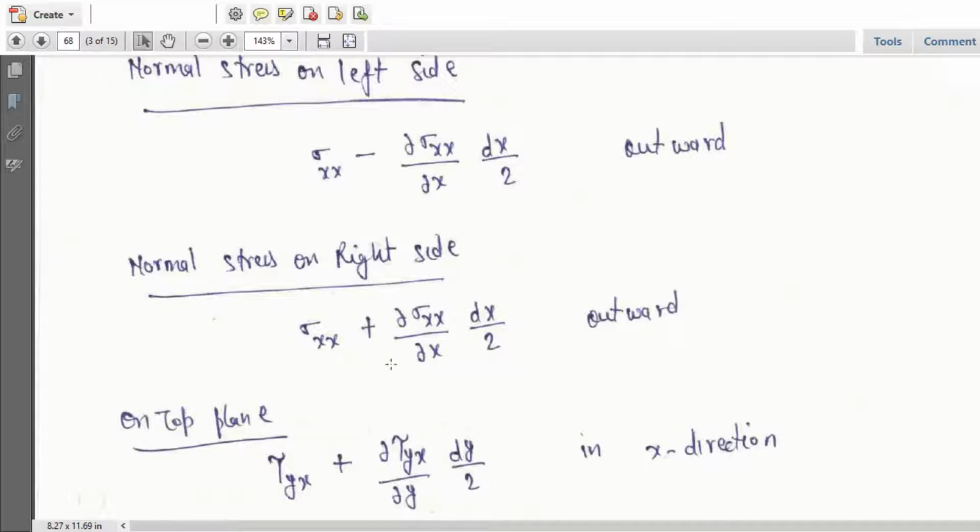This is the property derivative multiplied by the distance traversed, so this is Taylor's expansion with the first term only.